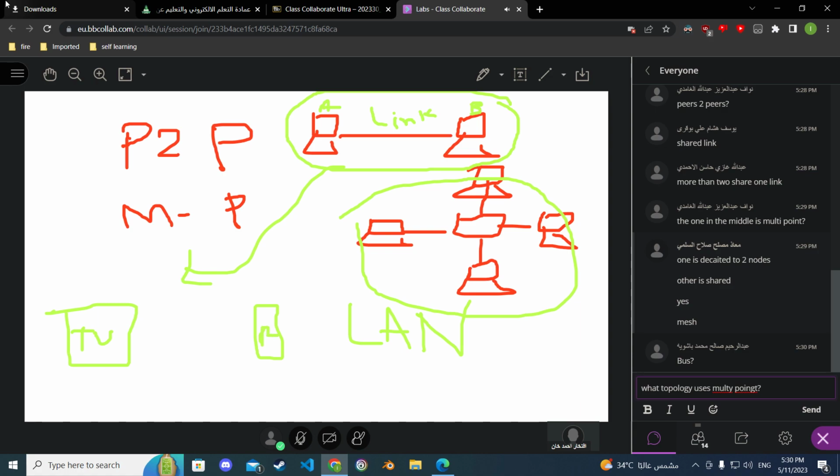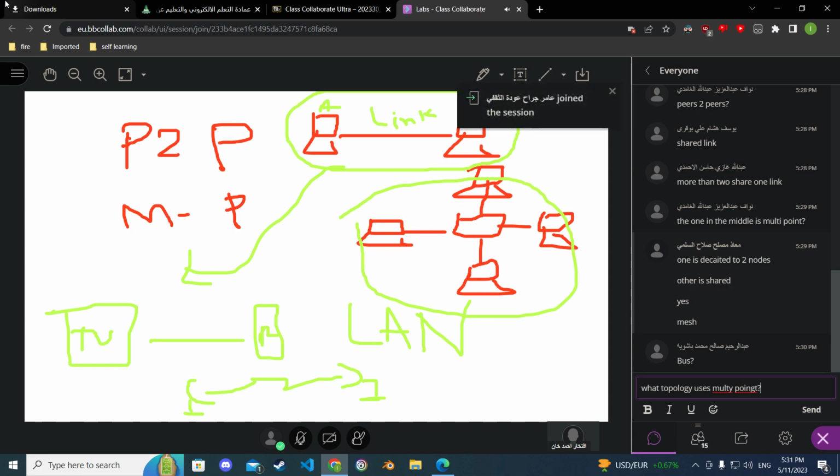So remote to TV is point-to-point. Or for example, there is a dish, and there is another dish, for example an ATM dish. They have a link with each other, and they form a point-to-point link.